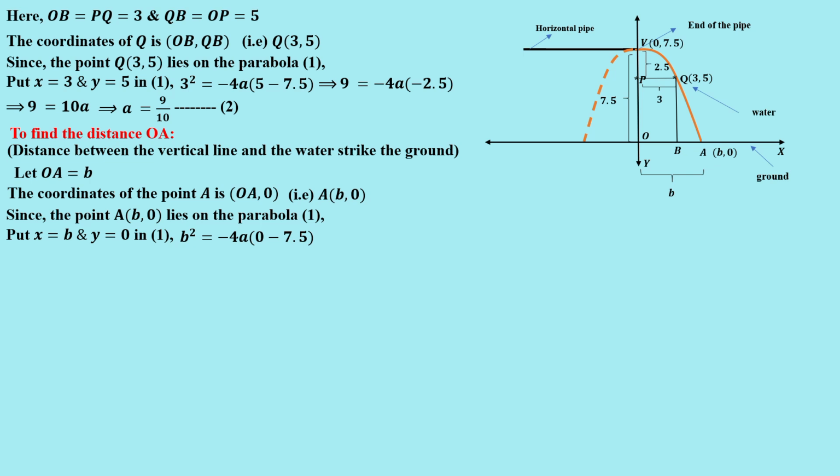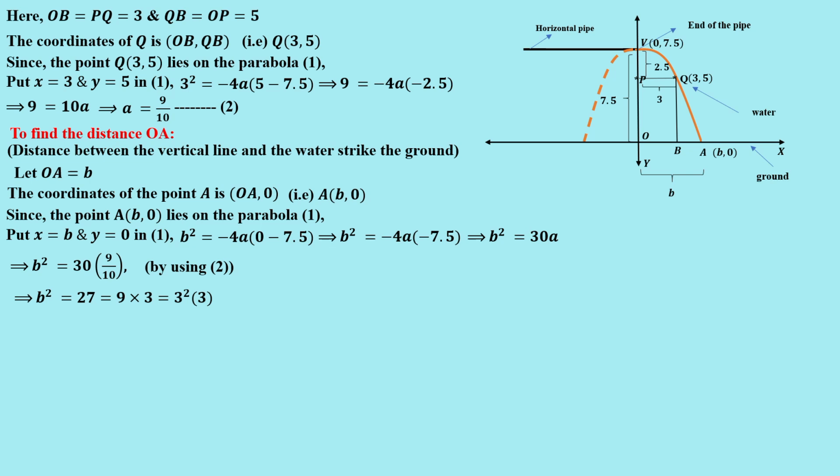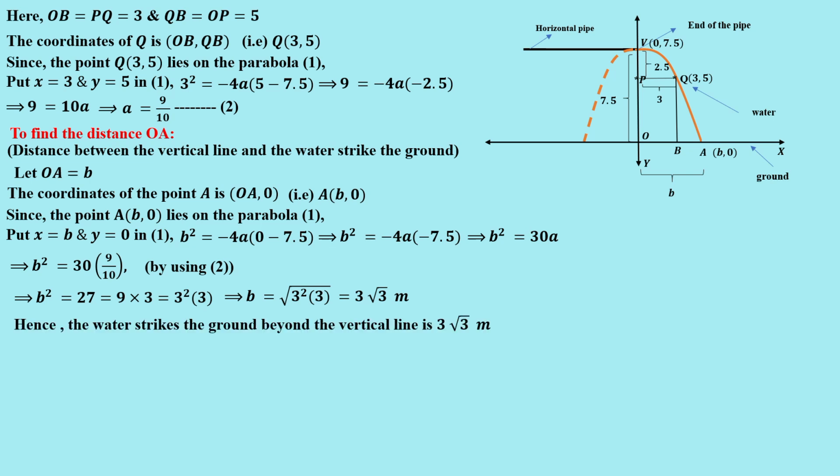So B square is equal to minus 4a into (0 minus 7.5). B square is equal to 30a. But we know a is equal to 9 by 10 from equation number 2. B square is equal to 30 into 9 by 10. So B square is equal to 27, that is equal to 3 square into 3. Therefore B is equal to 3 root 3 meter. Hence the required distance is 3 root 3 meter.